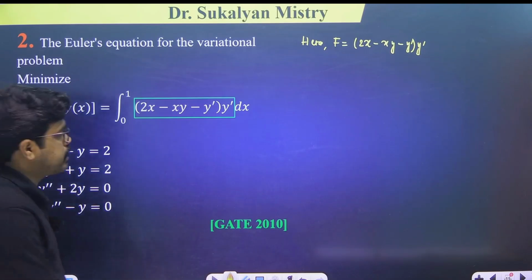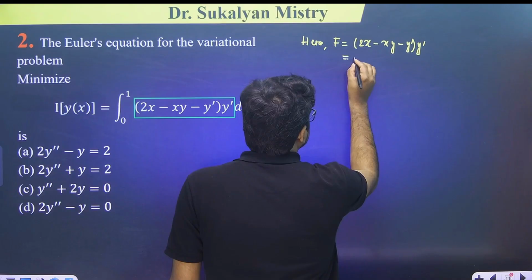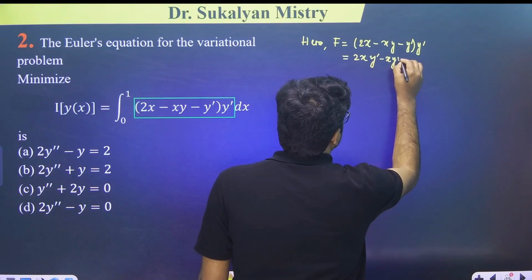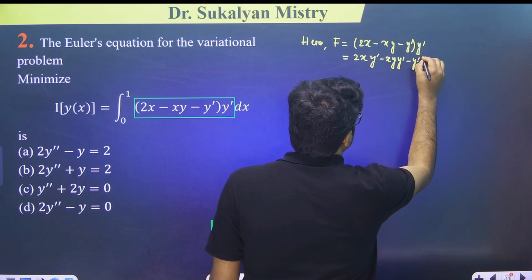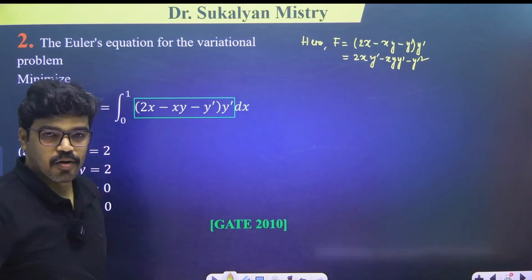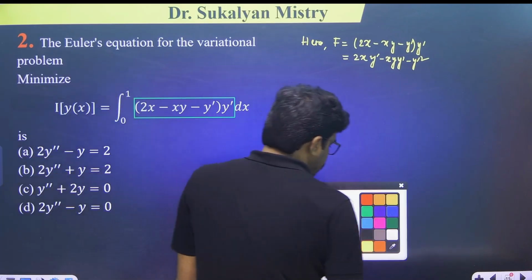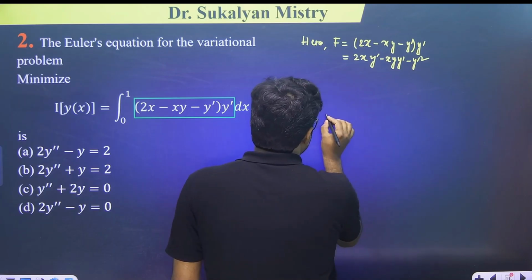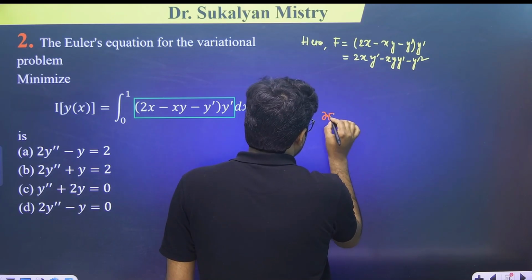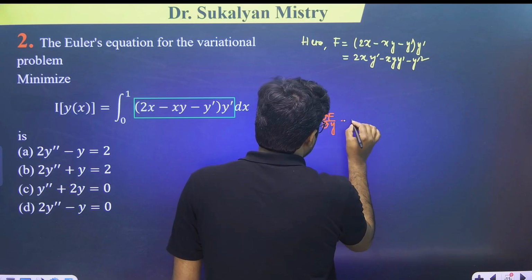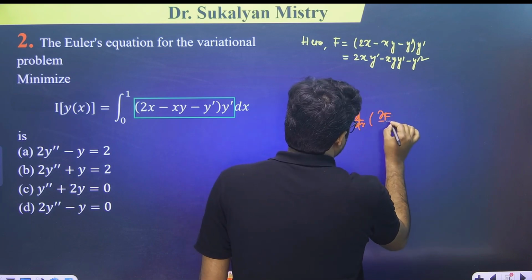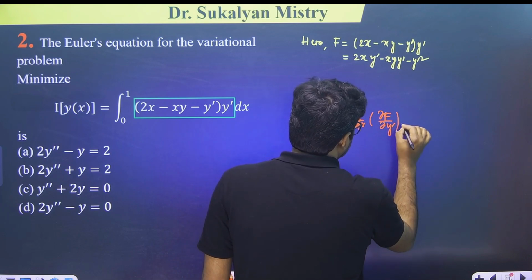Okay, that means what we get is 2x y dashed minus x y y dashed minus y dash square. Okay, so what is Euler's equation? The Euler's equation is del f/del y minus d/dx of del f/del y dash is equal to 0.